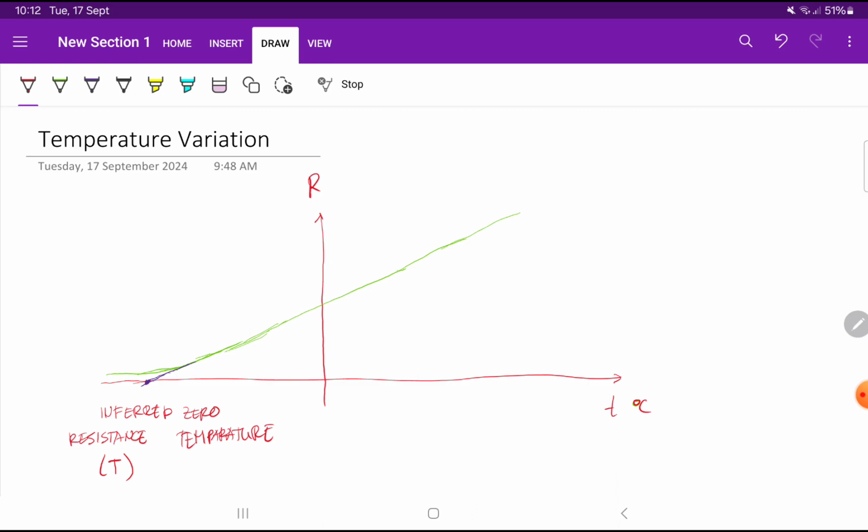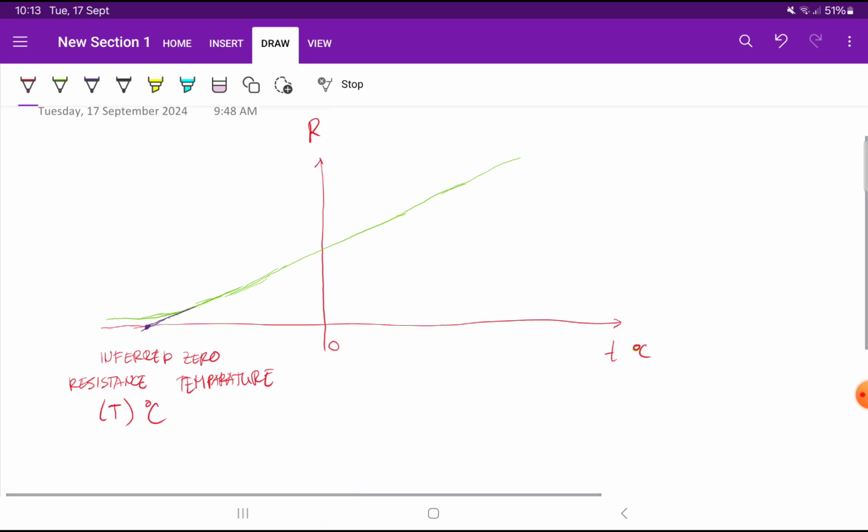This is a temperature in degrees Celsius, and usually it's negative because it goes beyond zero, less than 0 degrees Celsius. The good thing is, if they measure this capital T for every material, the T is different, so it's a constant for every material.